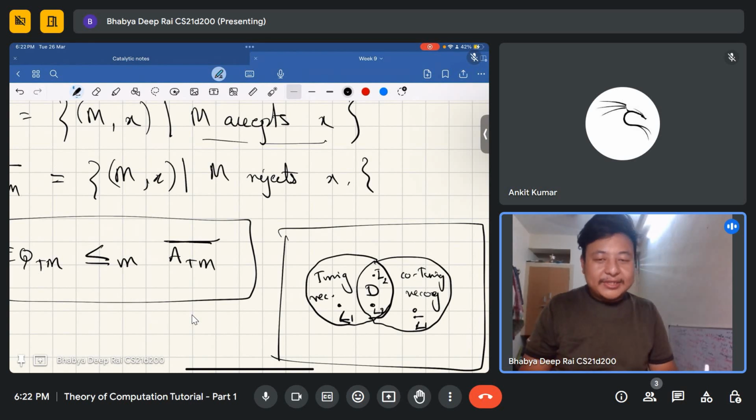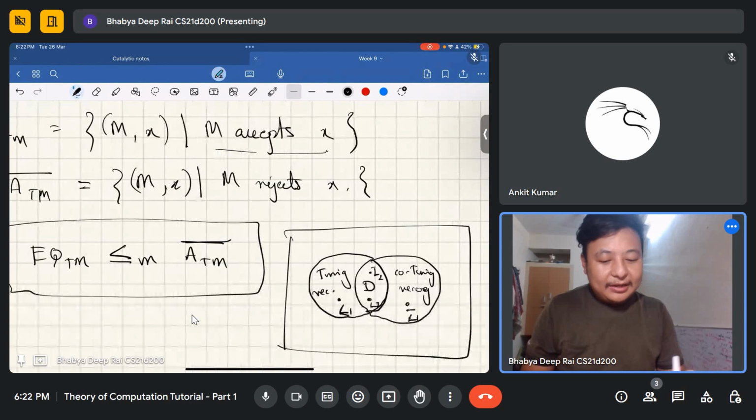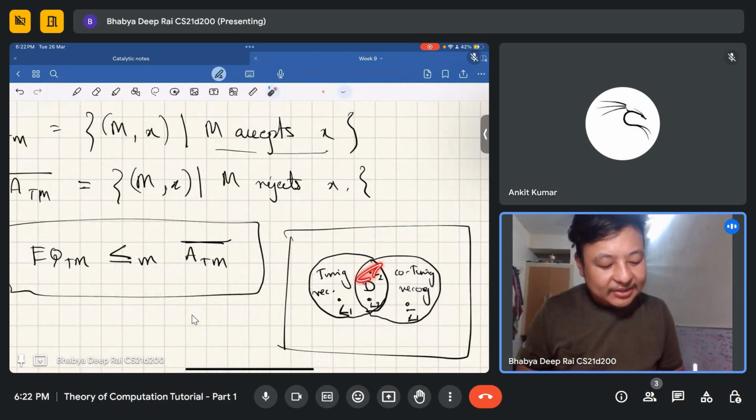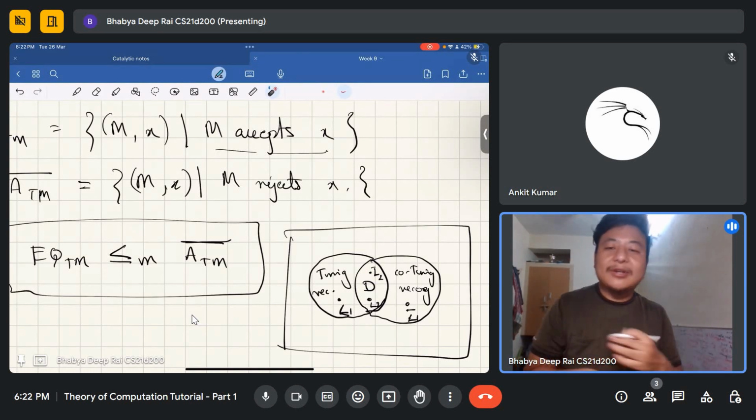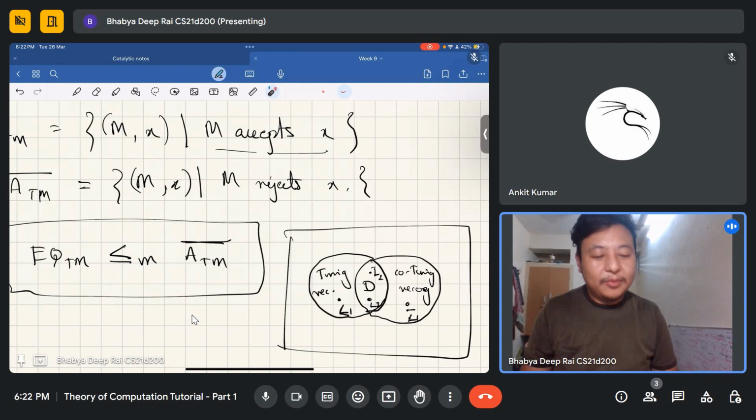If L2 belongs to decidables, L2 bar will also be contained inside decidables. And what are decidables? Decidables are those languages which have Turing machines that will correctly say yes and no each time. It will never go into an infinite loop. In other words, this is the set of all problems that have algorithms.